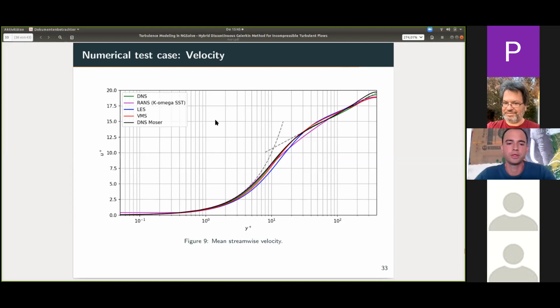Then we see the green line, which is our ILES, which has a really good agreement with the benchmark. Also, the RANS simulation shows quite good agreement in the sublayer region and the buffer region, except in the logarithmic region, where we have some differences. We can also say that the VMS method is better than the LES one.